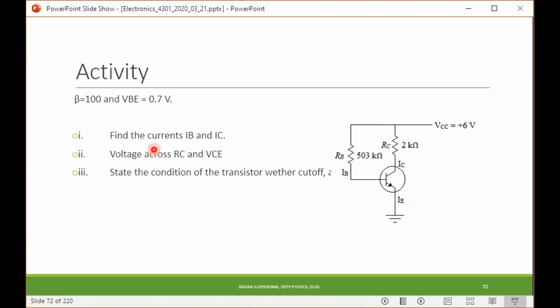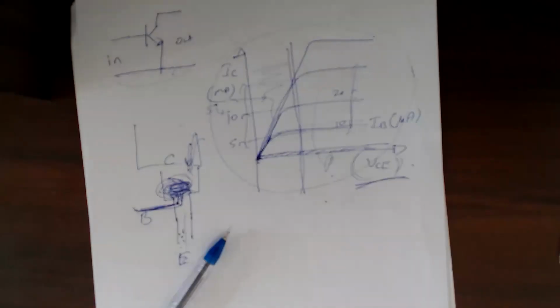So the first one, find the currents IB and IC. Let's draw the question.